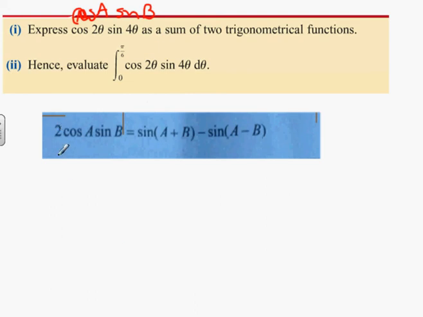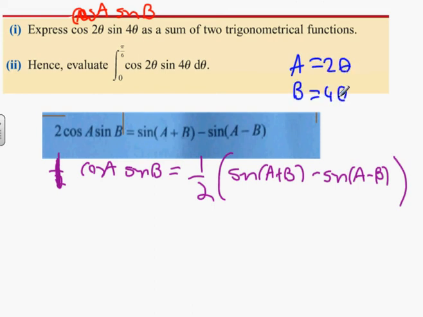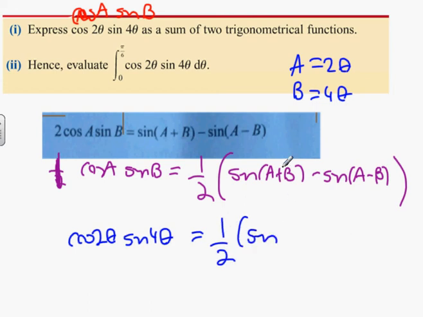So if I multiply both sides by a half, I get cos A sine B equals a half into sine (A plus B) minus sine (A minus B), close bracket. Now, A is 2 theta, B is 4 theta. So cos 2 theta sine 4 theta ends up being a half into sine.